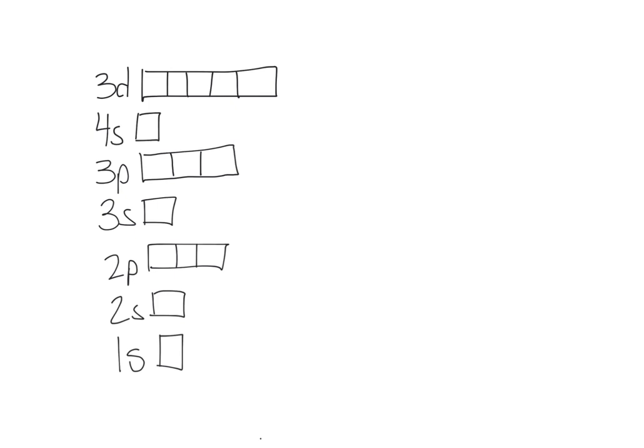Okay, so just a reminder when we're doing orbital notation, a box represents an orbital. So every S sublevel that we have only has one box because any S sublevel only has one orbital.